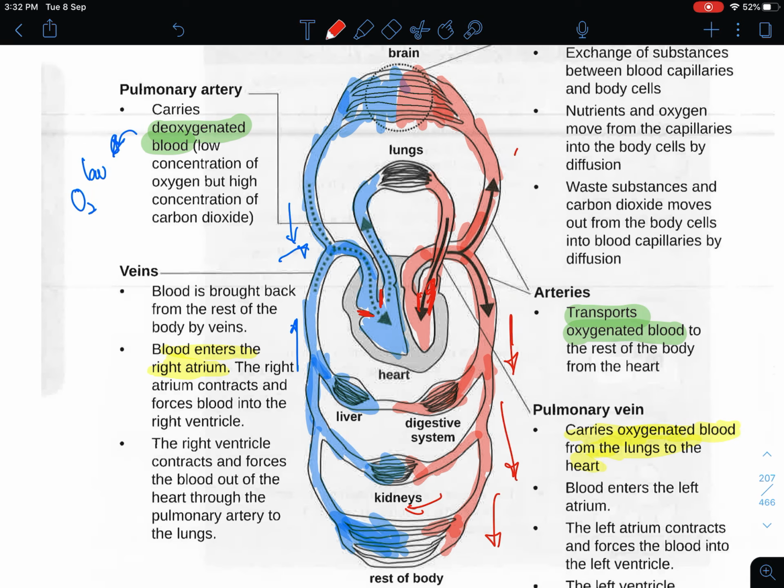Then your left ventricle will start to contract, pushing blood towards the aorta and to the rest of the body, and shutting the bicuspid valve close. The reason for shutting it close is to prevent blood from the left ventricle from re-entering into the left atrium. So this is one whole part of how the blood is circulated.